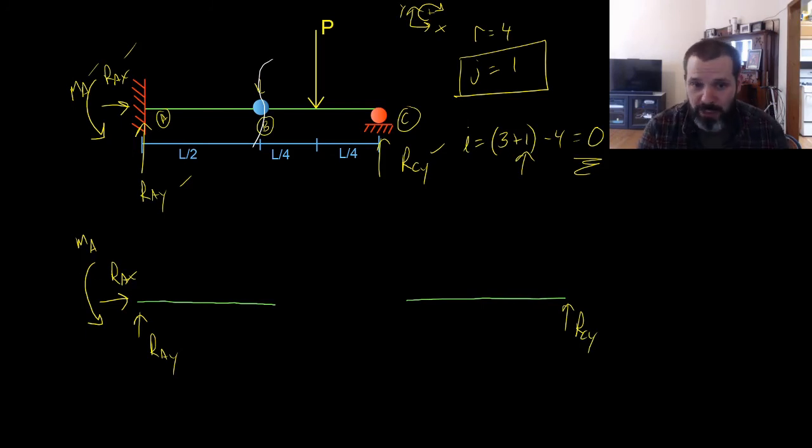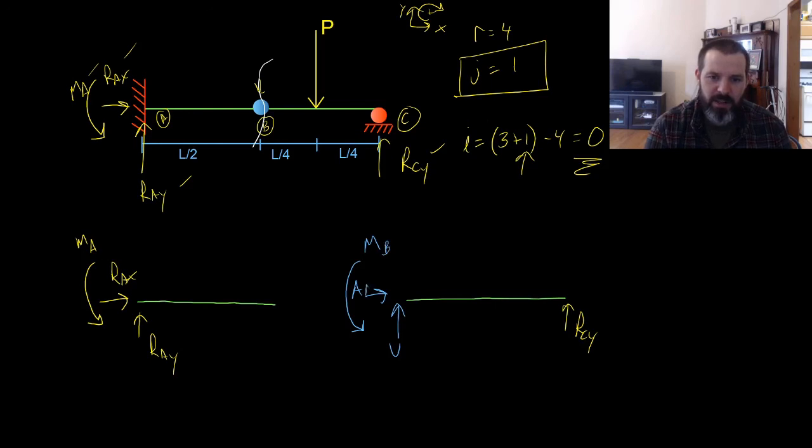Now, normally internal to any beam, we're going to have a shear force, an axial force, and a moment. And over a cut, since B is 1 point in space, so this is MB, AB, and VB, since they're at 1 point in space, they need to be equal and opposite.